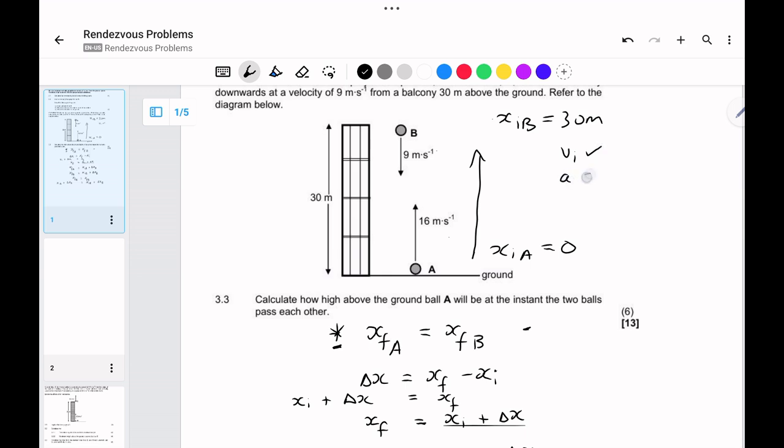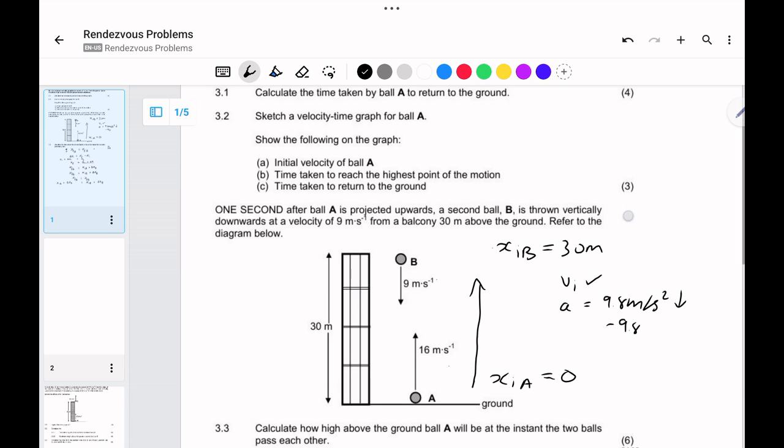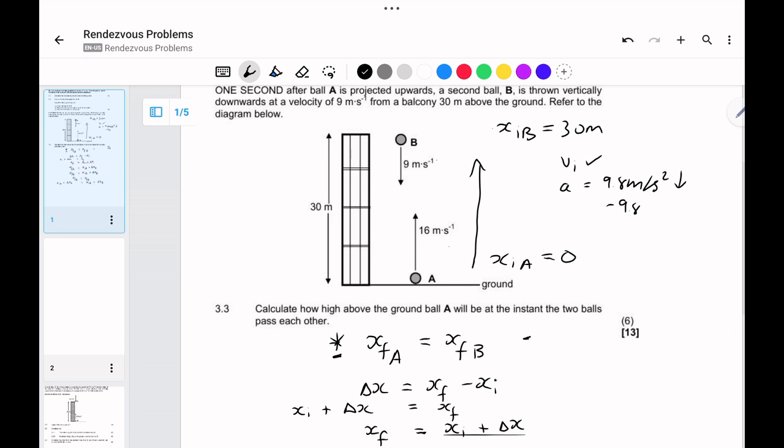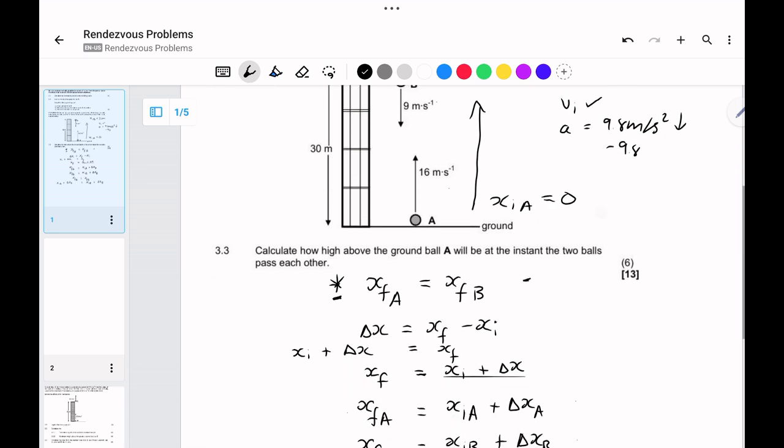Of course, we know our acceleration is 9.8 meters per second squared downwards. And we say we're going to take up to be positive, so in our equation we're going to write minus 9.8. And then we know something about the times. We know the relationship between the time for A and the time for B.